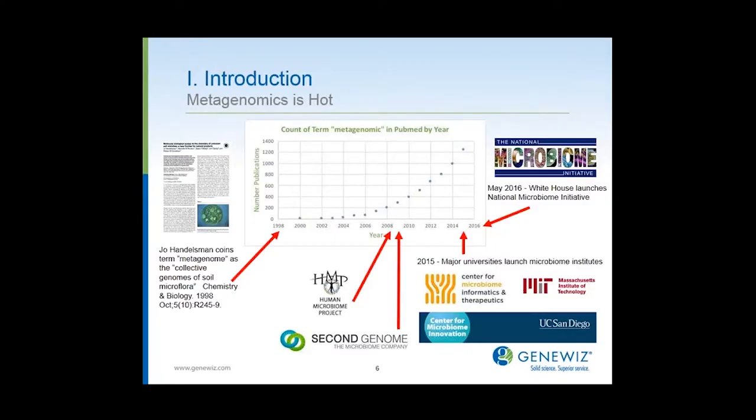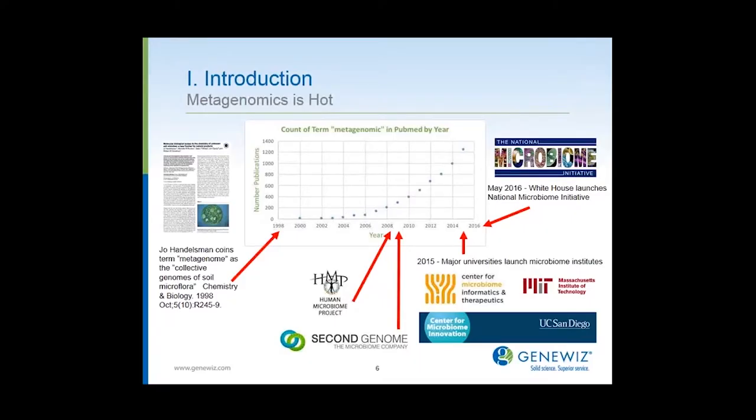Metagenomics is a very hot field. If you look at the PubMed term metagenomic, you can see that since the word was coined in 1998, it's been increasing exponentially. Some of the highlights in the short history of the field are the Human Microbiome Project in 2008, and the firm Second Genome, one of the earliest microbiome firms, founded in 2009.